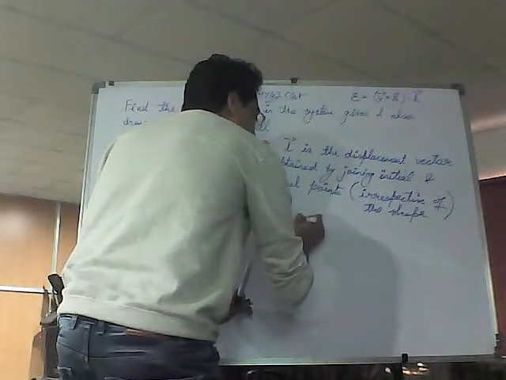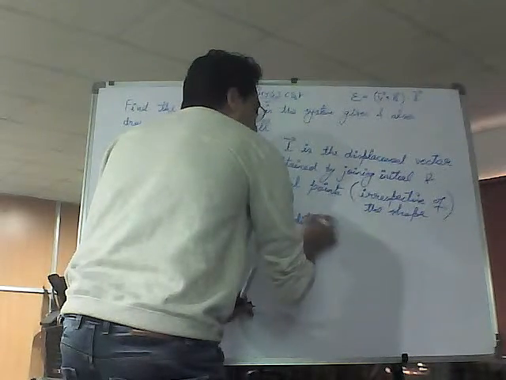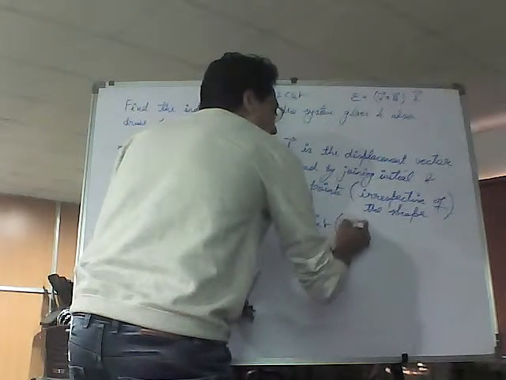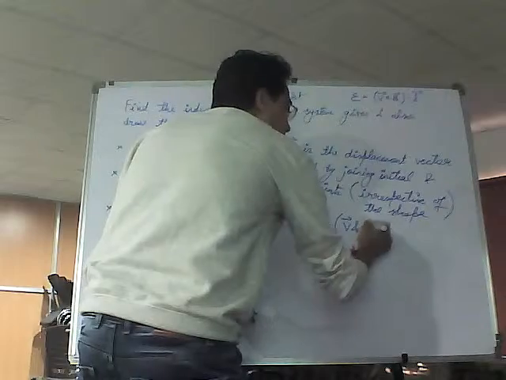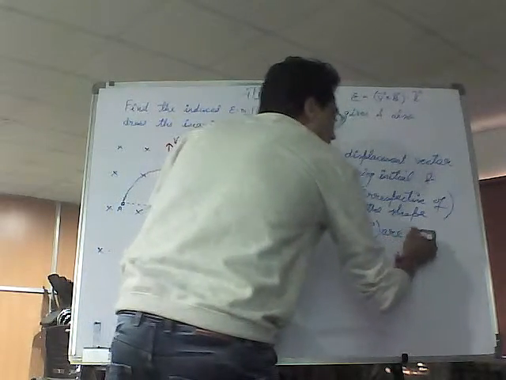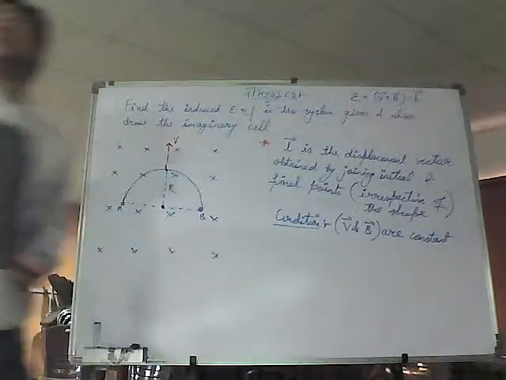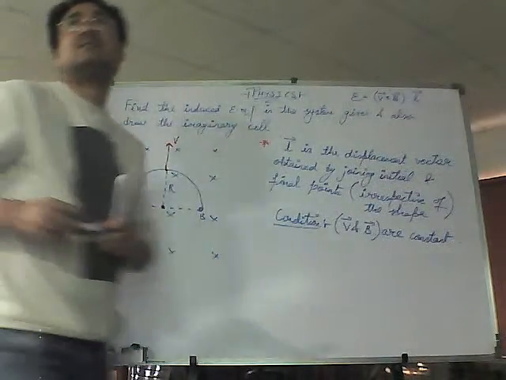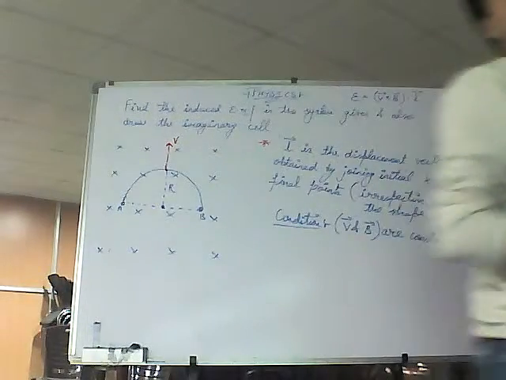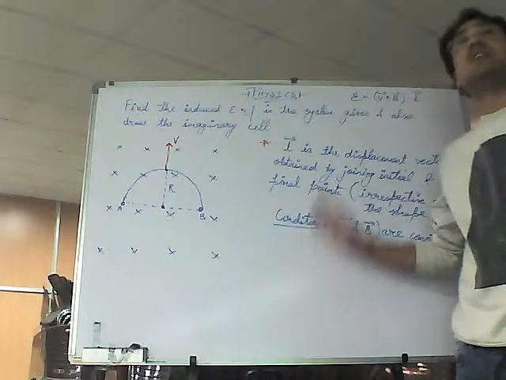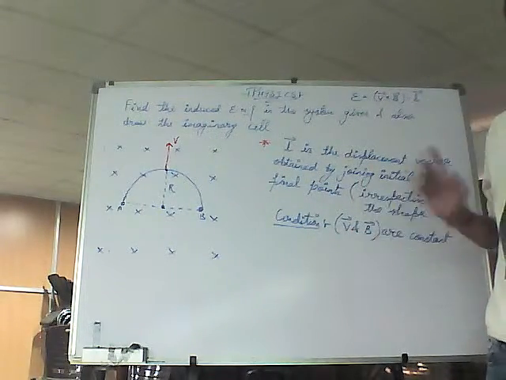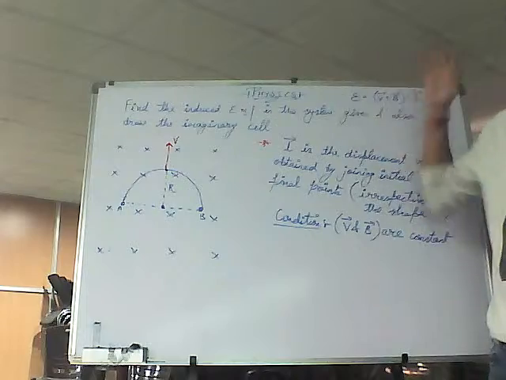Condition, कंडीशन इसको लगाने के लिए V and B are constant. ध्यान रखना, V and B are constant. ठीक है, V and B are constant और तुम इसको डिस्प्लेसमेंट वेक्टर की तरह डील करोगे. जस्ट यू नीड टू जॉइन द इनिशियल पॉइंट एंड द फाइनल पॉइंट. कहने का मतलब क्या है इस स्टेटमेंट का?